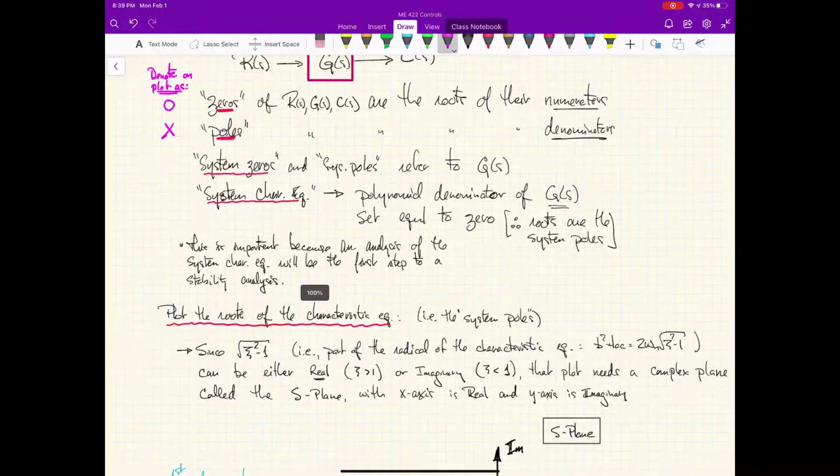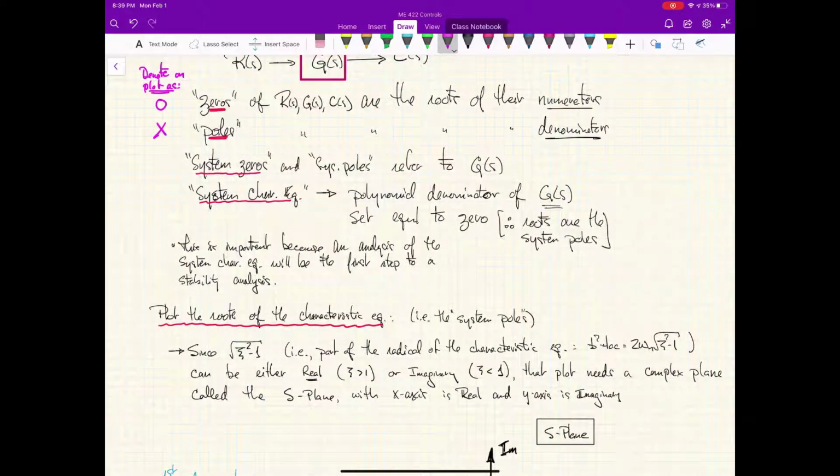We've reviewed a little bit what it means for the system's characteristic equation for a second order system, what it looks like, and what it needs for the system to be unstable in terms of zeta, what that does, and what that does to the poles, the roots of the characteristic equation, when that's the case.